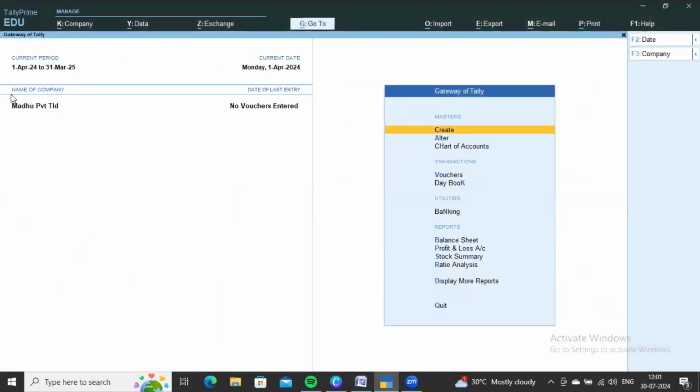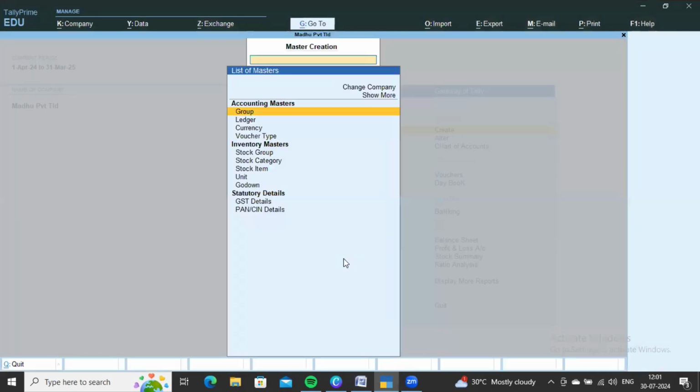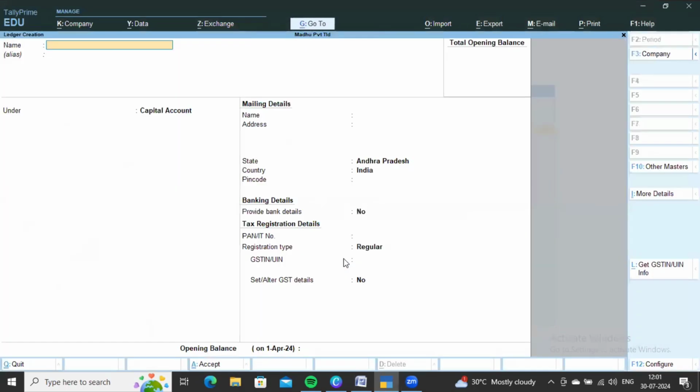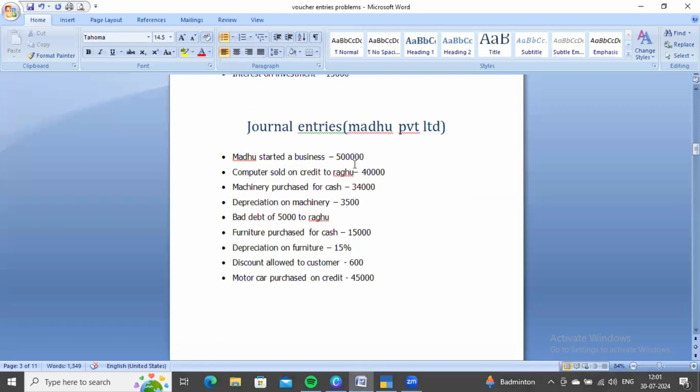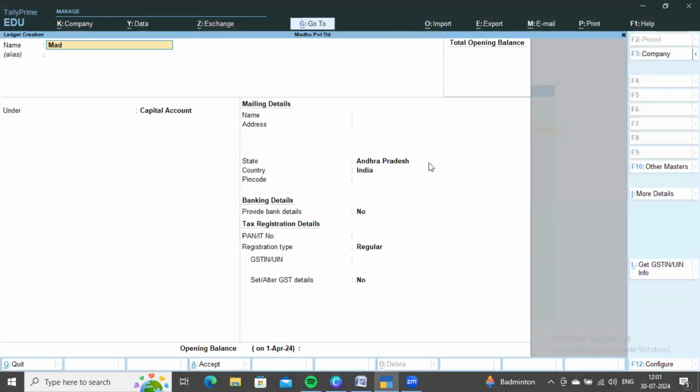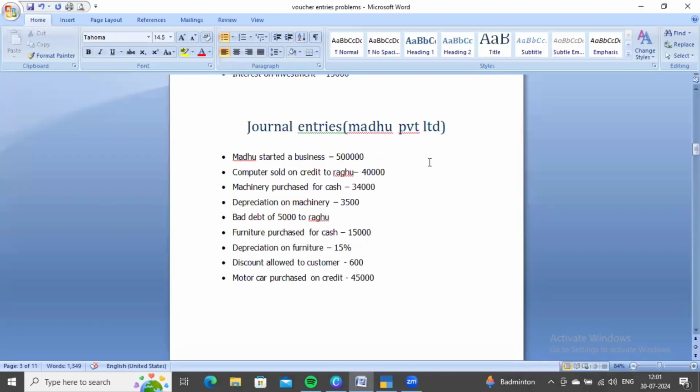So first enter into Tally Prime. I have already created a company. Now create the ledgers. First, Madhu started a business with 5 lakhs. Madhu, capital account. Computer sold on credit to Raghu. Here the computer has been sold on credit to Raghu, so the entry is Raghu to sales.